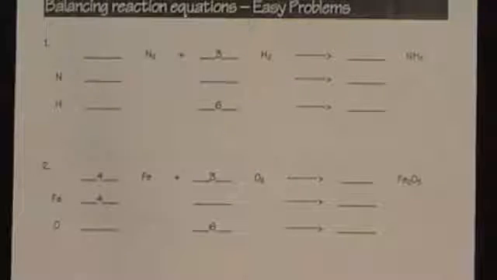And in some places I've already written in how many atoms there are for the elements. So you don't have to change anything that I've put there. Just work around the information that I gave you to get you started. Let me try one of these with you. Help you get yourself started.